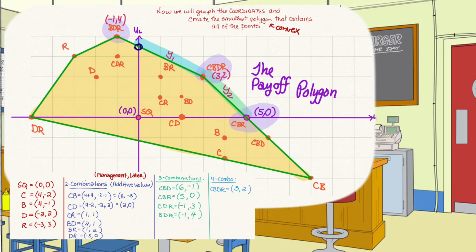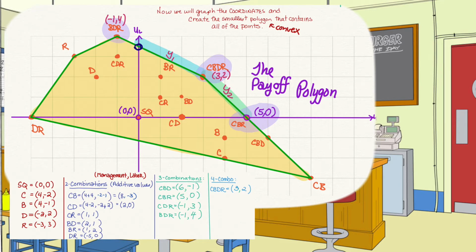The payoff polygon, again, is the smallest convex polygon that contains all of the points. It looks like this, and it's not very pretty. But you can see that the boundary in green has some of the points on it and contains a region of area that has the rest of the points in it.